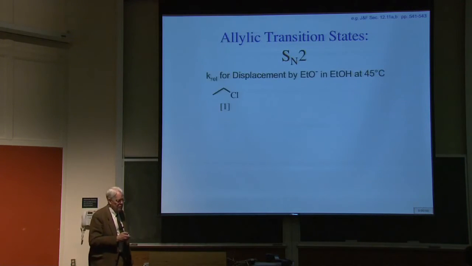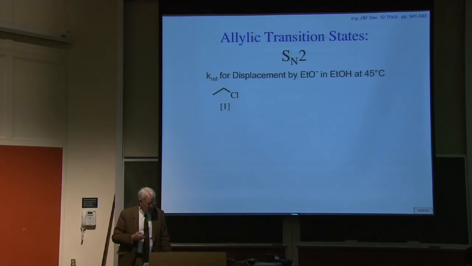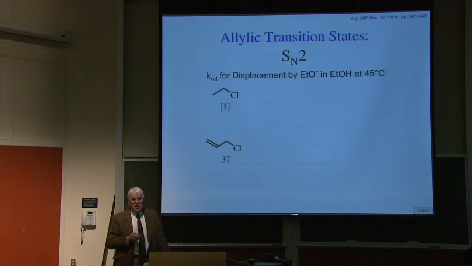Okay? Now, how about SN2? If we take the rate of ethyl chloride to be 1, reacting with ethoxide, it's 37 times faster if it's allylic, and 97 times faster if you put a methyl on, and 560 times faster if you put two methyls on, right?